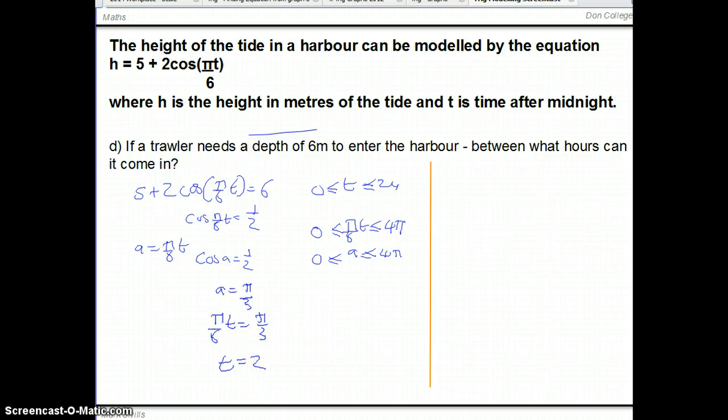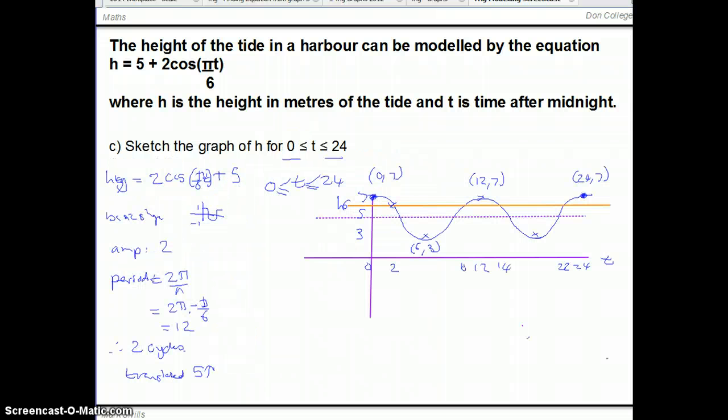Now, look back here. If that's 2 there, then I can go from 12 this way, because it's symmetrical, so it's going to be 10, and 2 this way, so it's going to be 14 hours after midnight, or 2 in the afternoon, and 2 hours back this way, which will be 10 o'clock at night.